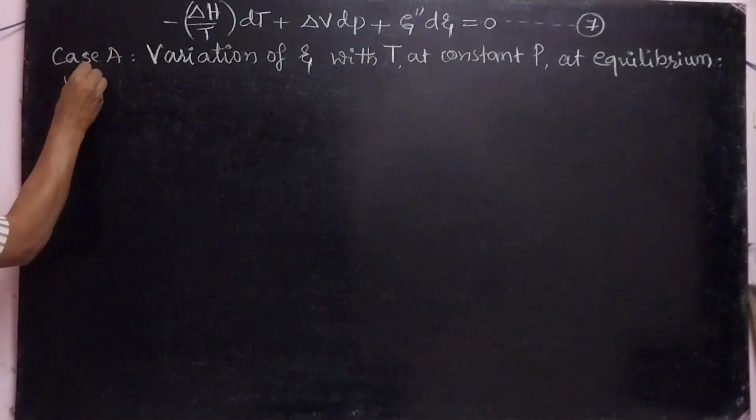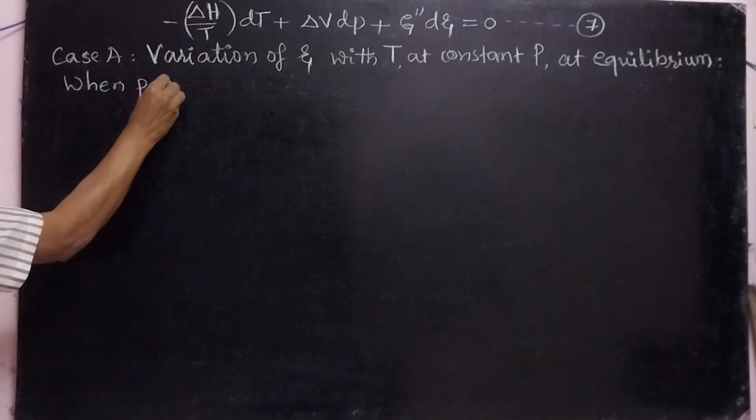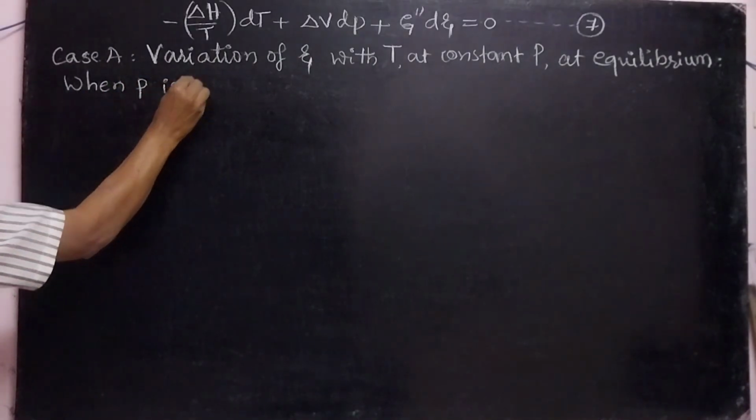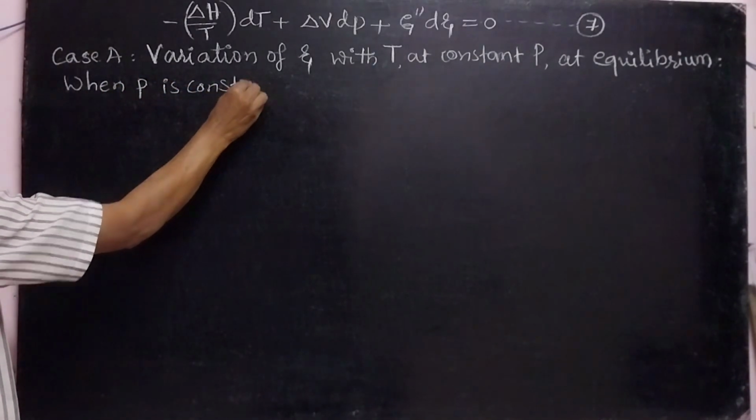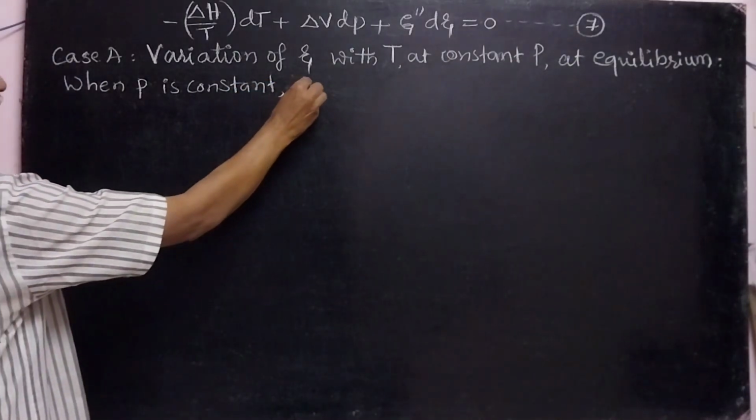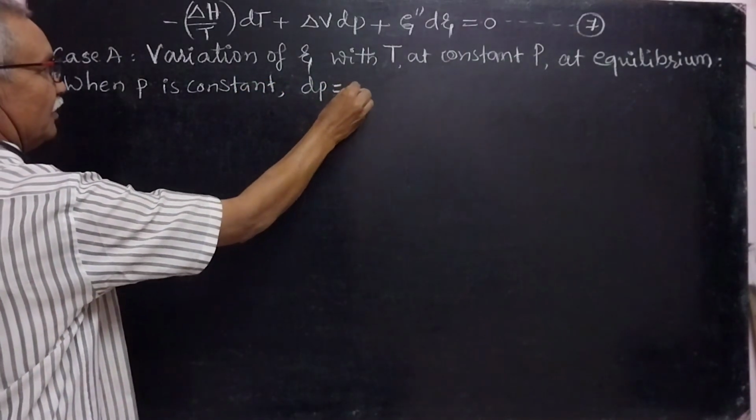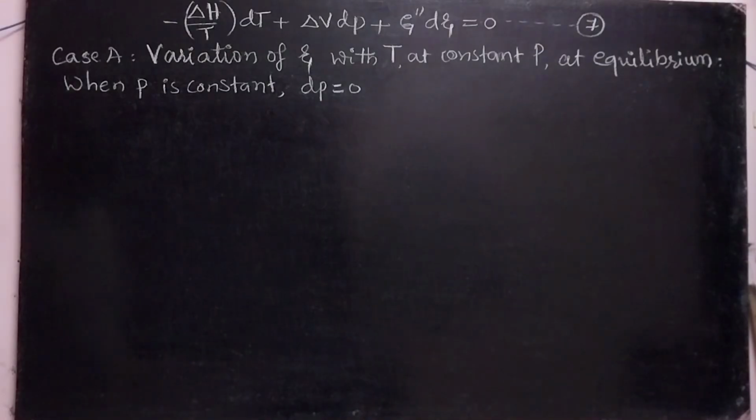When P is constant, dP becomes equal to 0.